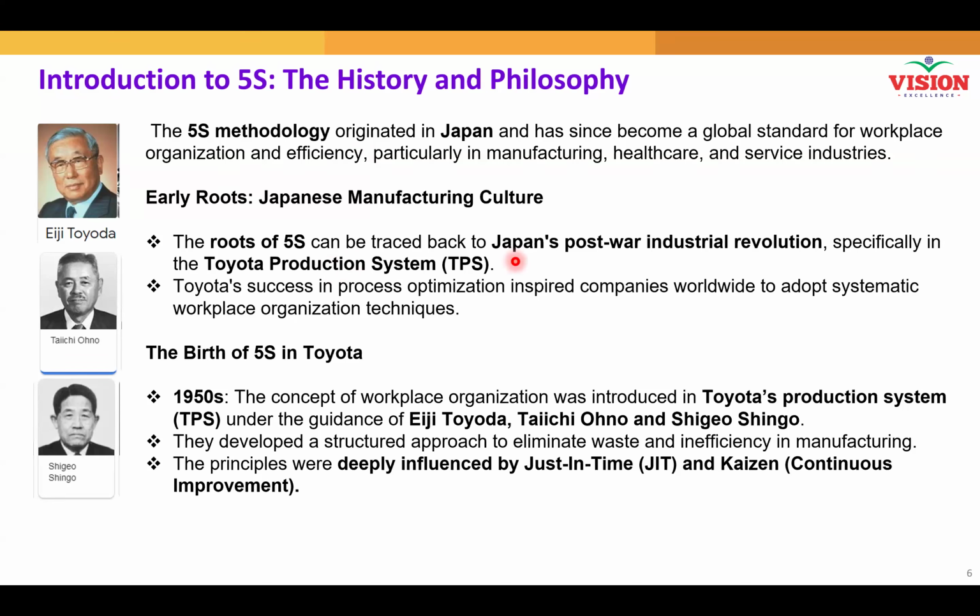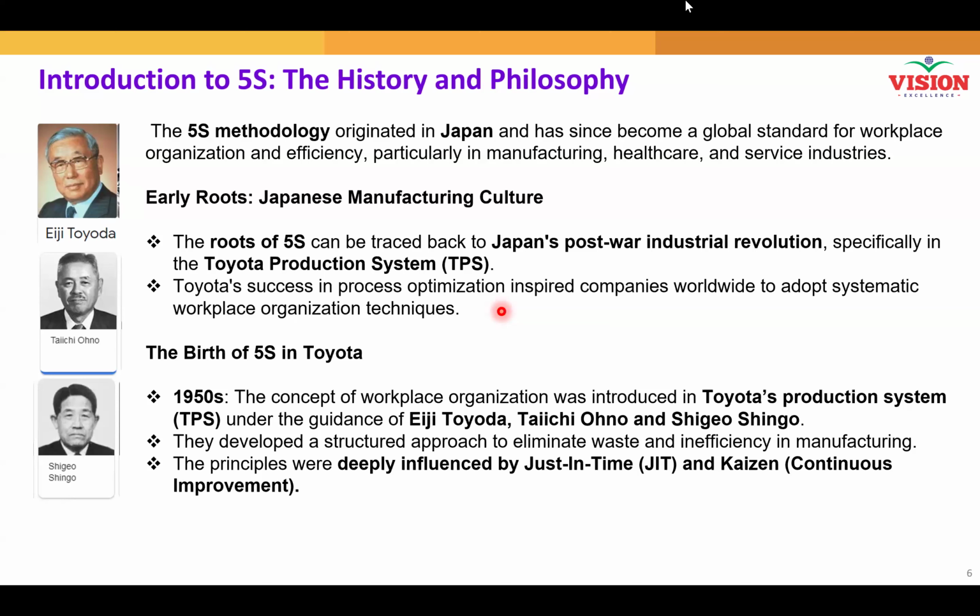The roots of 5S can be traced back to Japan's post-war revolution, specifically in TPS, and Toyota's success in process optimization inspired companies worldwide, so that all of them wanted to adopt a similar approach in their company.